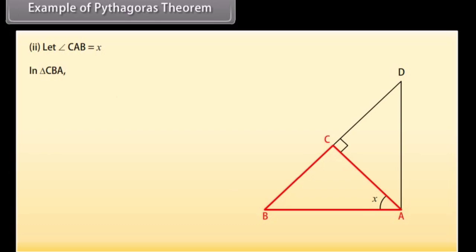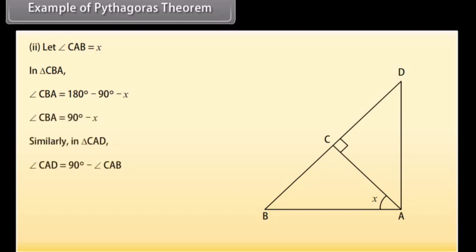In triangle CBA, angle CBA is 180 minus 90 degrees minus x, which is equal to 90 degrees minus x. Similarly, angle CAD is 90 degrees minus angle CAB, which is 90 degrees minus x.